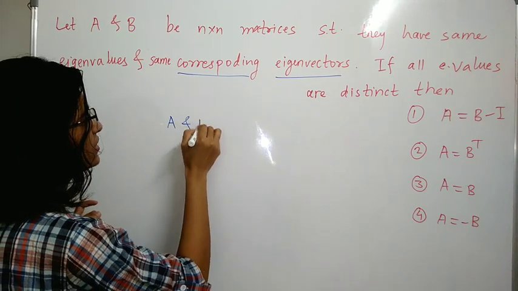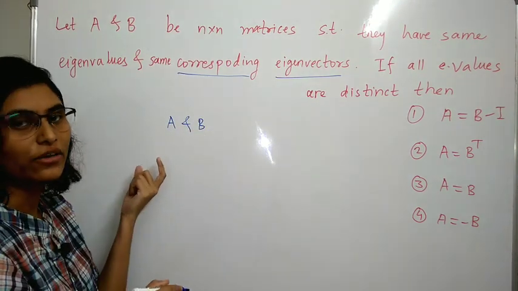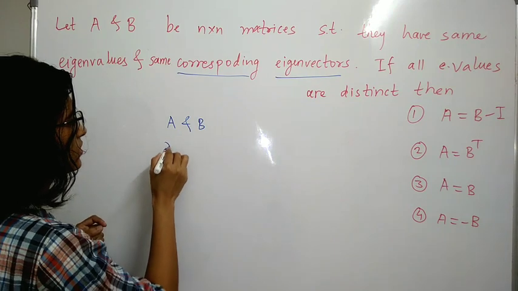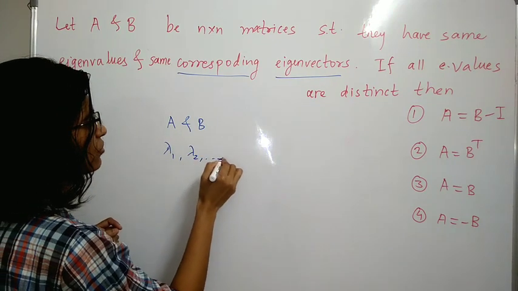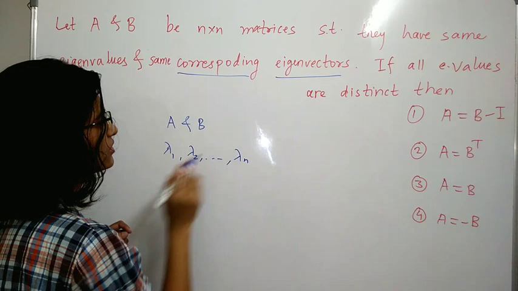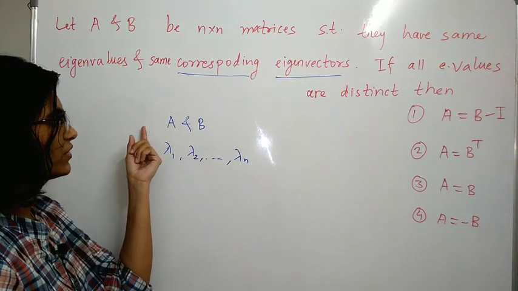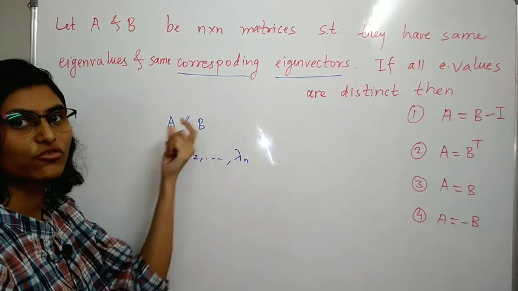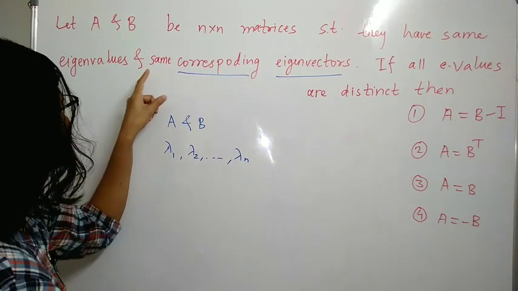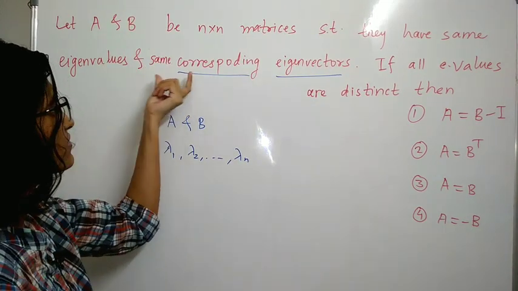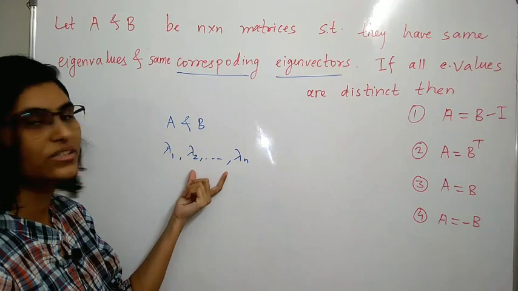A and B have the same eigenvalues. That means suppose lambda 1, lambda 2 and so on up to lambda n are the eigenvalues of A, then these are also eigenvalues of B, right? And they have the same eigenvectors corresponding to these lambda i's.